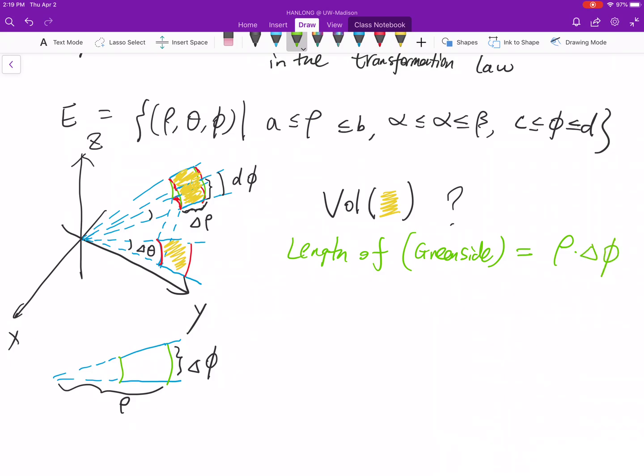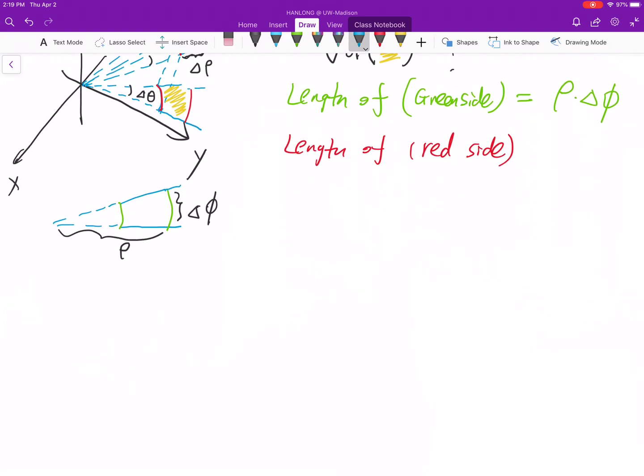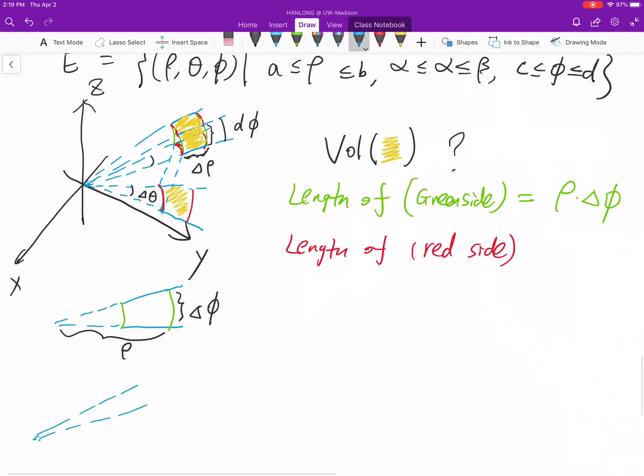And then let's figure out the length of the red side. This is a little bit more involved.